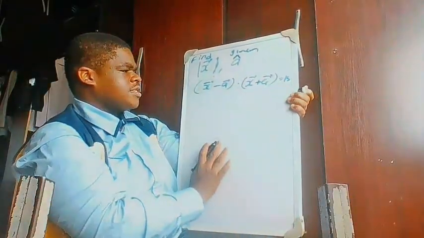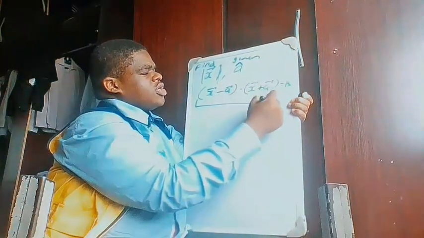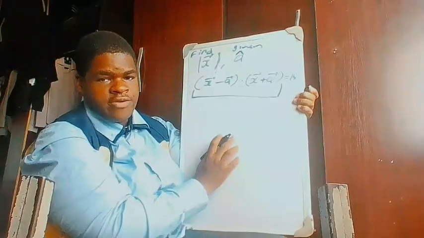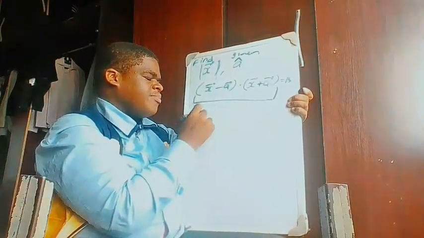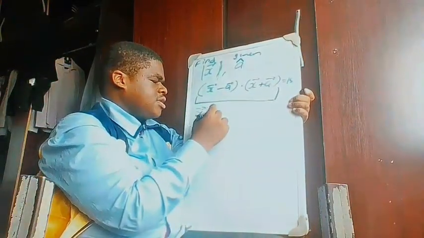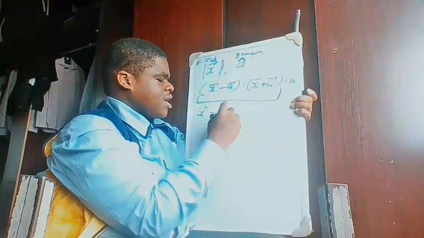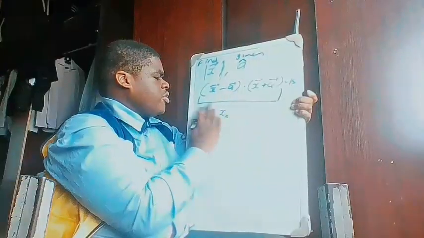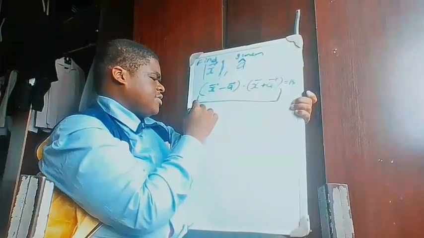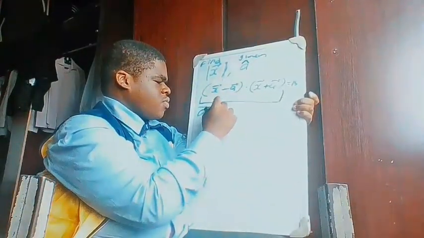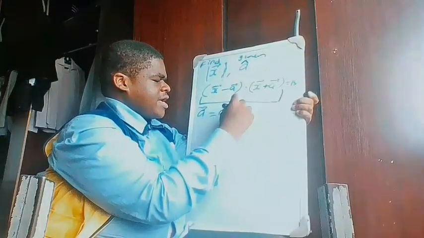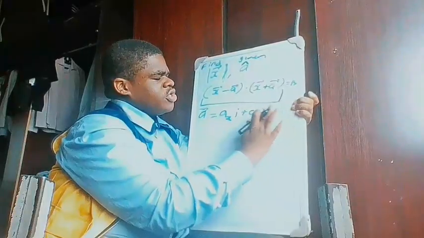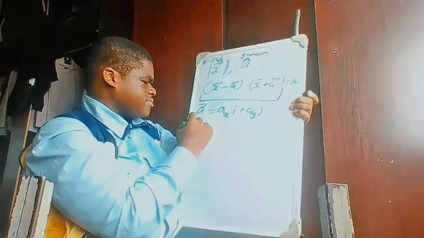Now, how do we solve this? The first thing we need to do is to try to evaluate the dot product of x minus a and x plus a. To do that, I'll just create arbitrary vectors. Let's say the vector a is equal to axi plus ayj, let's just use 2 components for ease.